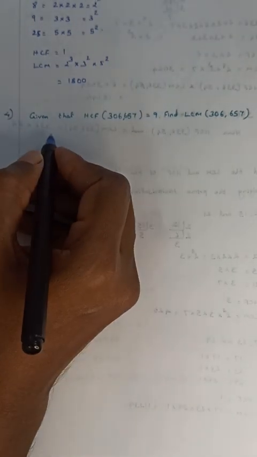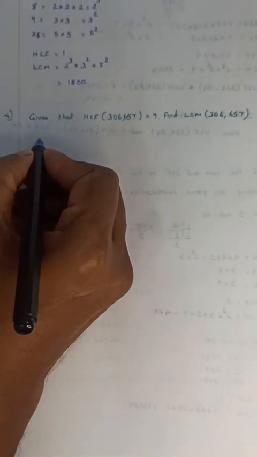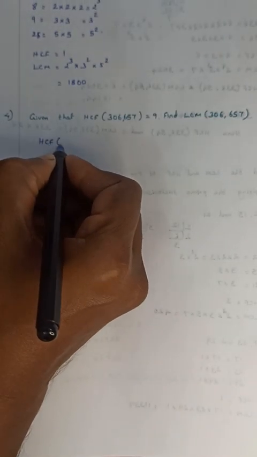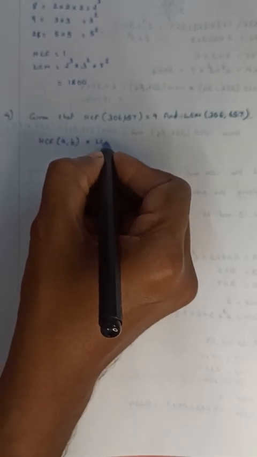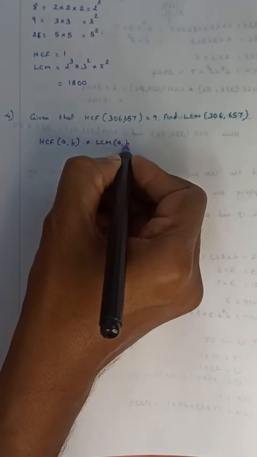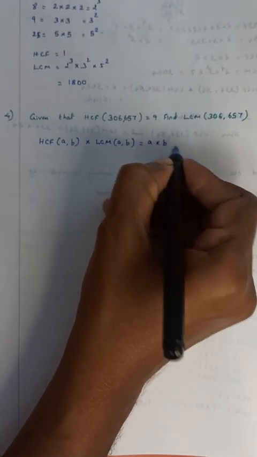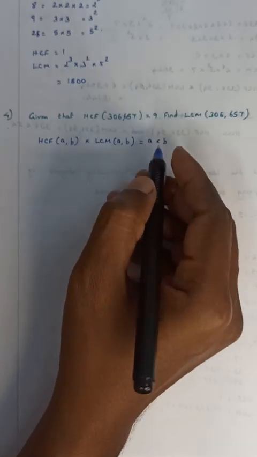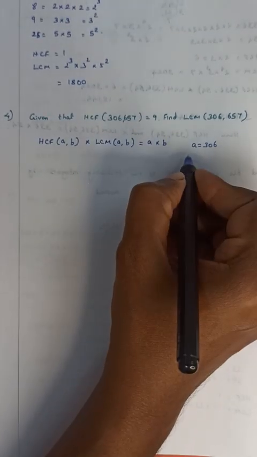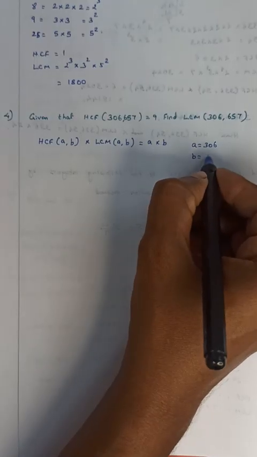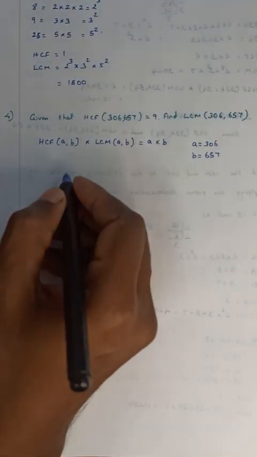We know that for any two integers A and B, the formula is HCF of A comma B times LCM of A comma B equal to A into B. Here A equal to 306 and B equal to 657. Now we have to find LCM.